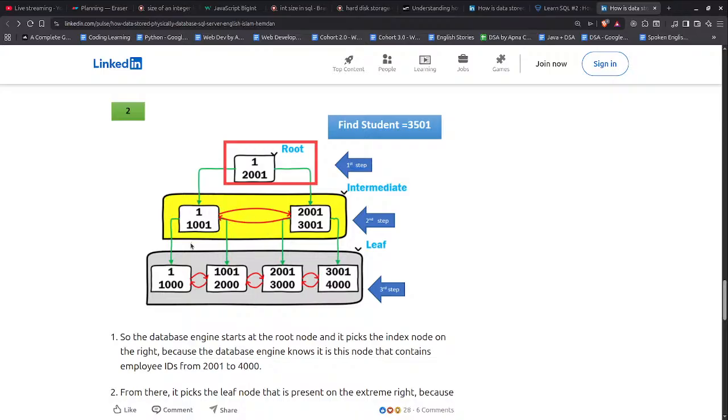Then similarly it's further divided into 1 to 1001, then 1001 to 2000, then 2001 to 3000, and then 3001 to 4000. And this is how the range is actually being calculated.